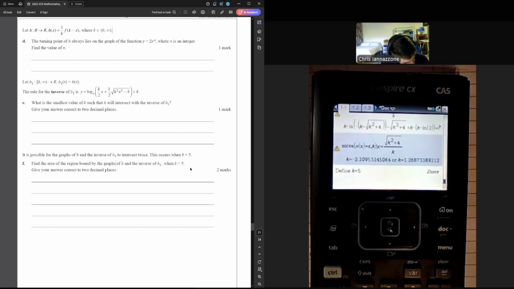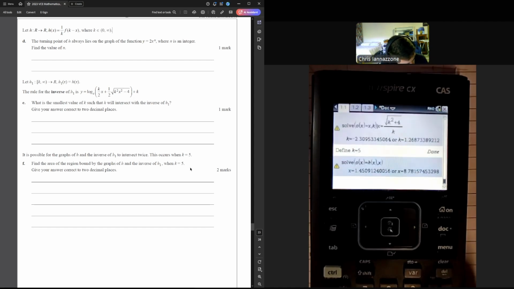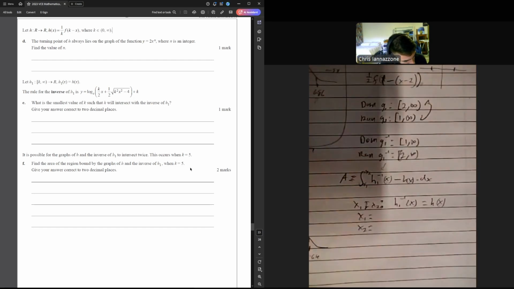So we're doing menu 3, 1, O of x is equal to h of x, comma x, control enter, because it's going to break otherwise. We're going to have our 1.45 and our 8.78.